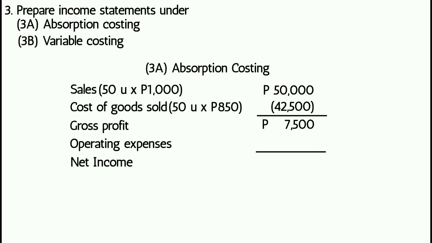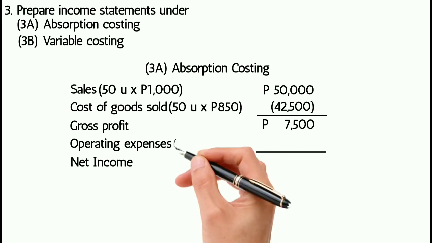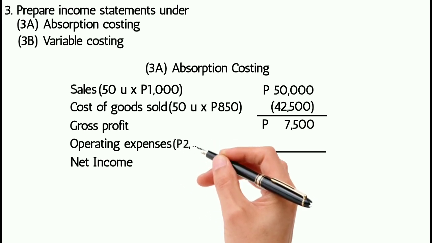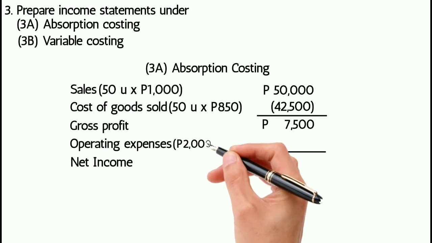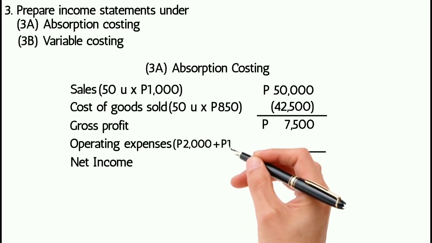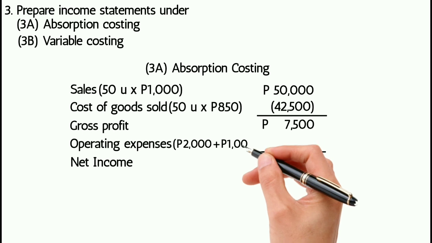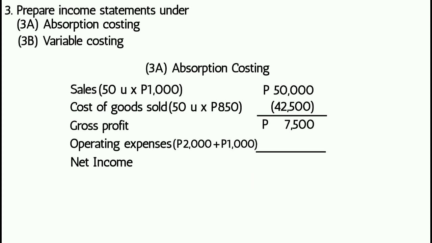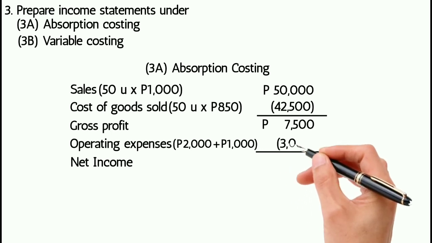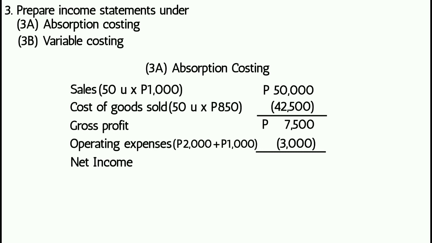Next, operating expenses. Ang variable selling and administrative expenses ay 2,000 pesos. At ang fixed selling and administrative expenses ay 1,000 pesos. 2,000 pesos plus 1,000 pesos, that is equal to 3,000 pesos.